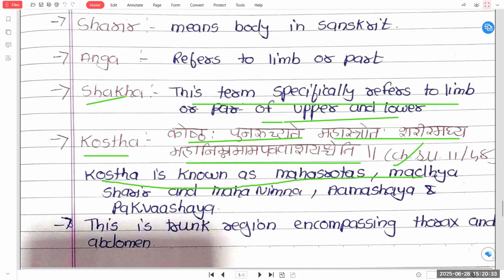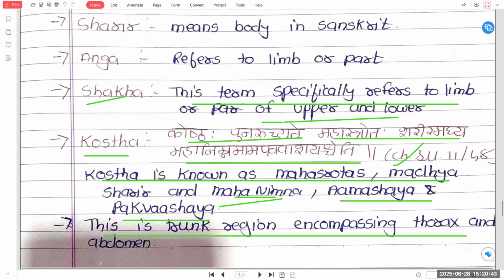Koshtha is known as Mahasrotas, Madhya Sharir and Mahanimna. Amashaya and Pakvashaya are included in the internal region. This is the trunk region encompassing the thorax and abdomen. Because the Madhyam Sharir obviously comprises the upper thoracic cavity and the lower abdominal cavity, both of them.